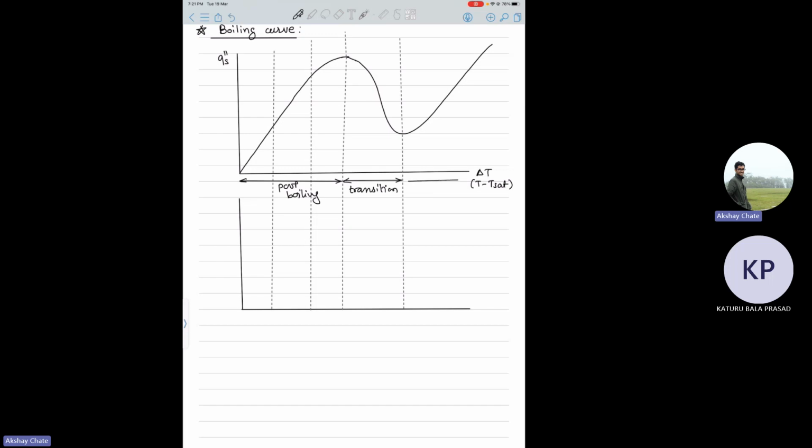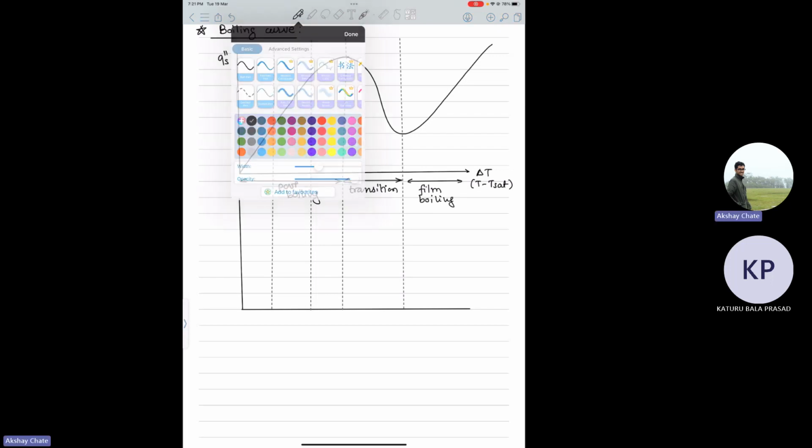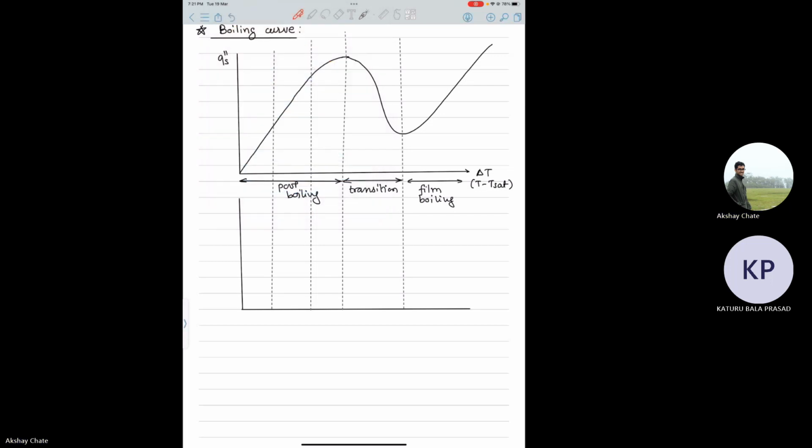And then you go to the film boiling regime. Here you'll have free convection first. Then you'll have nucleate boiling here. And this will be your Leidenfrost point.